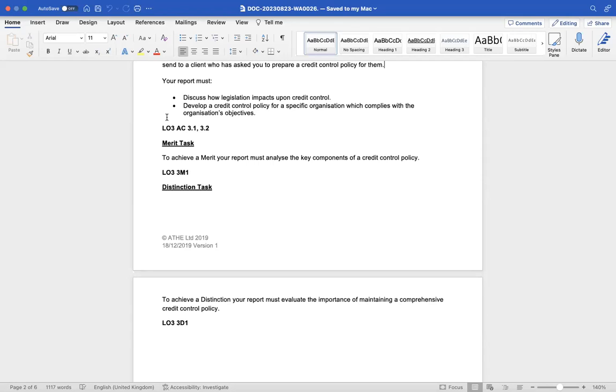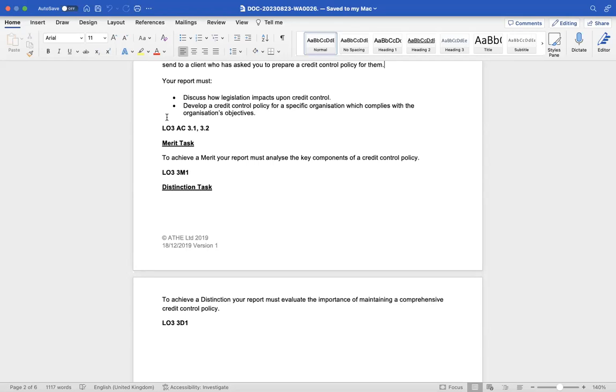Also note, the very important thing is to go through the command verbs, which means you can see how to answer your questions by using command words.